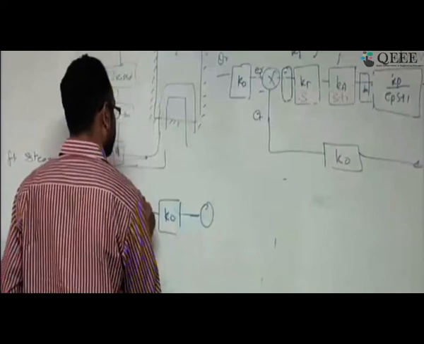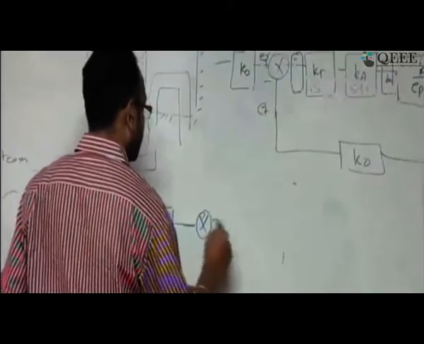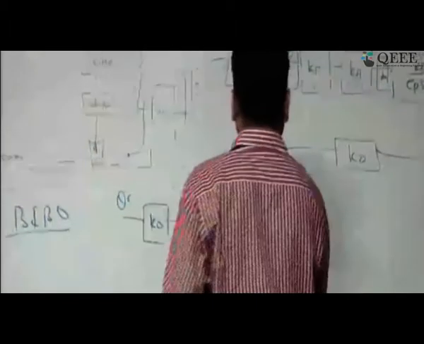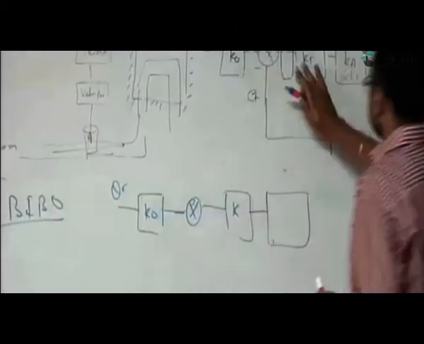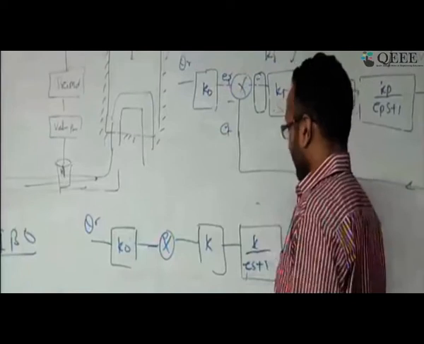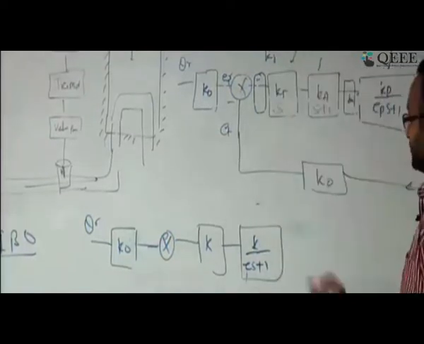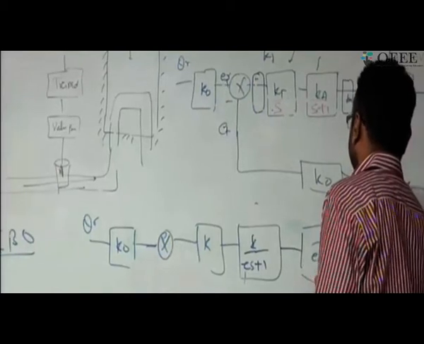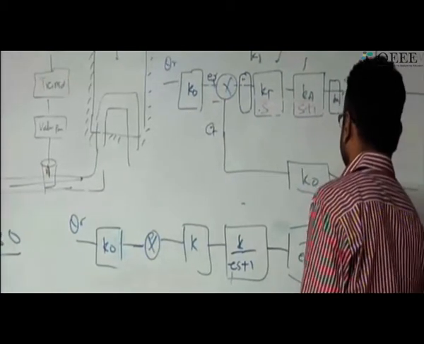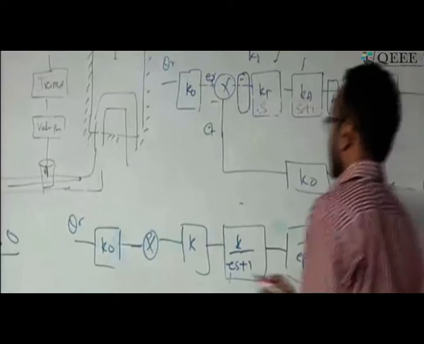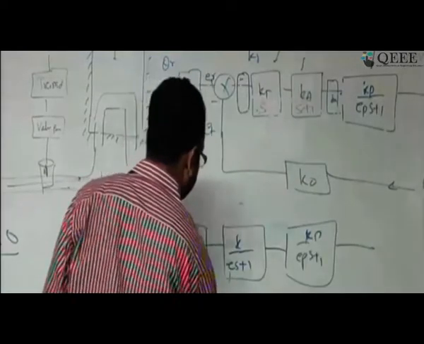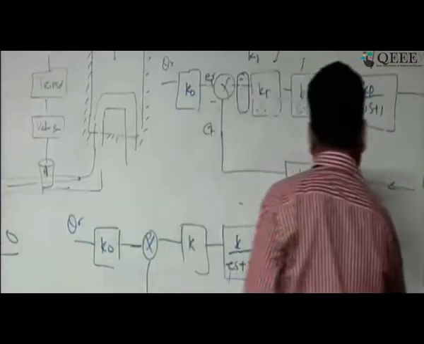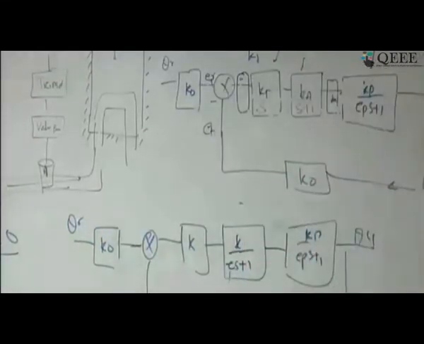Okay, this is your theta r, and you have taken k as your proportionality constant, and let me assume one of the systems is tau s plus 1, because that is the first order system, and this is my plant, Kp over tau p s plus 1, and this is going to be k0.